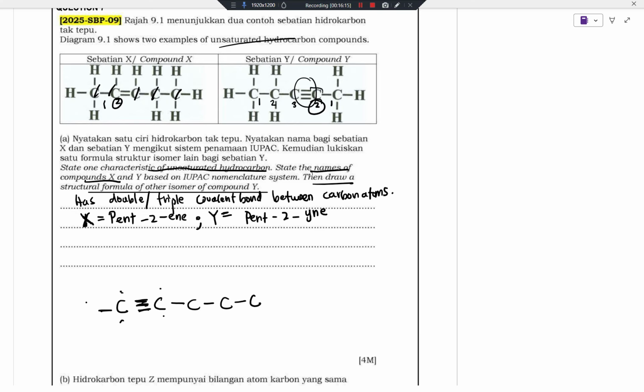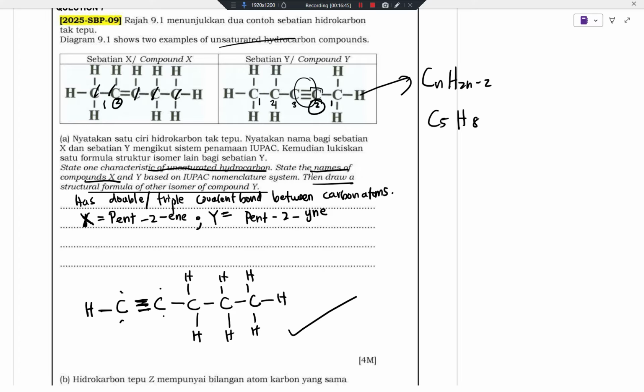Remember that. So hydrogen put here, and then hydrogen, hydrogen, hydrogen, hydrogen, hydrogen, hydrogen, hydrogen. So remember, the general formula for this is CnH2n minus 2, because of the triple bond. So now for C5, H should be only 8. 10 minus 2 is 8. 1 2 3 4 5 6 7 8. Correct. Do we need to name it?